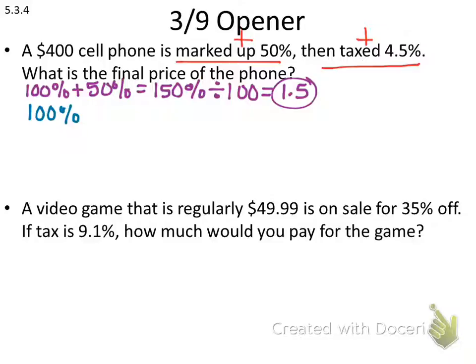Add or subtract. So we did 50% already. So if I'm doing tax at 4.5%, I'm going to add what? 4.5%. And when you add those two numbers together, what do you get, Darren?